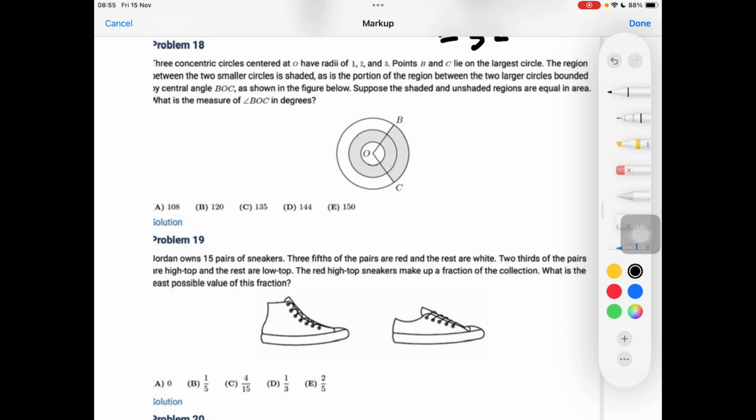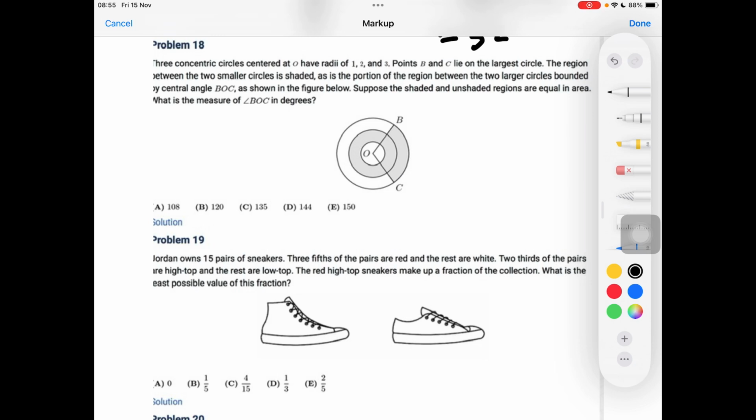So the portion of the region between 2 larger circles bounded by central angle B, O, C. So here, so now this is the one. Okay. So the shaded and unshaded regions are equal in areas. So BOC, we don't know what is BOC. Okay.